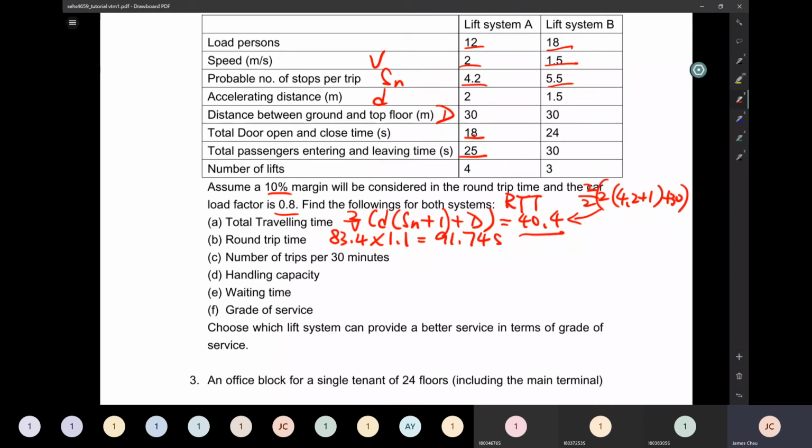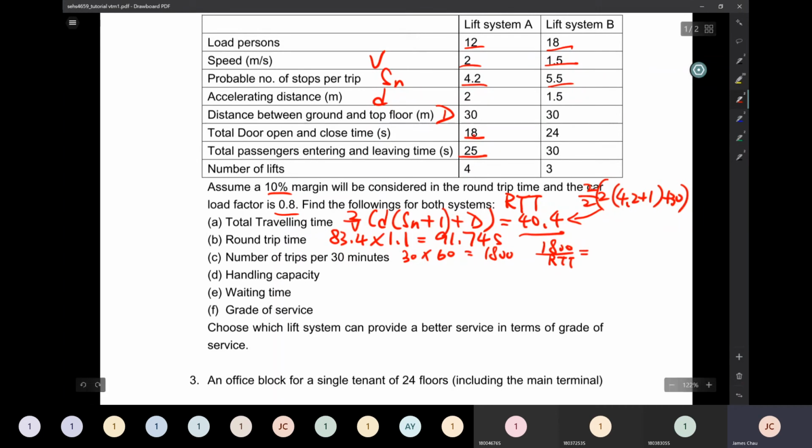Part C, the number of trips per 30 minutes. In 30 minutes, you have altogether 1,800 seconds. So you use this value divided by RTT, and it becomes the number of trips per 30 minutes. Okay?